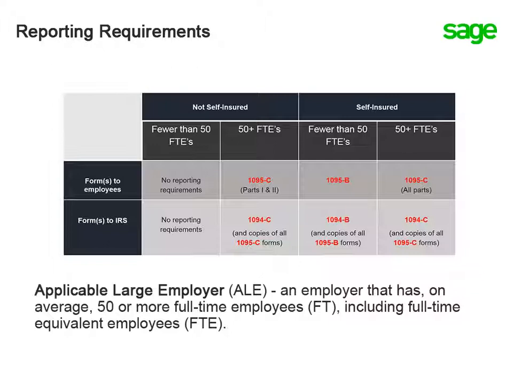Employers who do not offer a self-insured health plan are only required to complete Parts 1 and 2 on the 1095-C form, while employers who do offer a self-insured health care plan are required to complete all 3 parts of the form. For the purposes of this lesson, we'll be showing the steps to complete all sections of these forms, and we will make sure to point out the differences in the steps to complete them based on the type of health care plan your company offers to your employees.